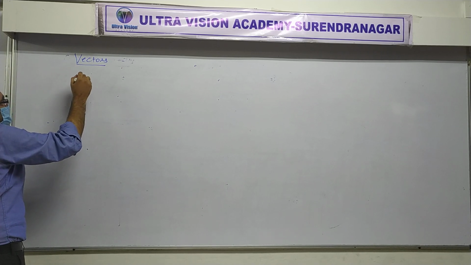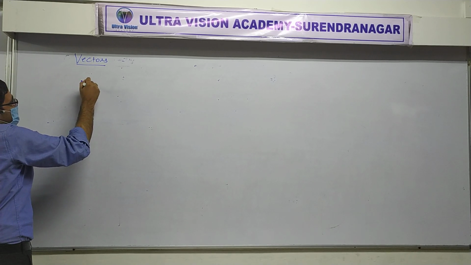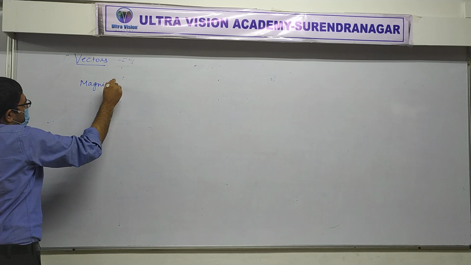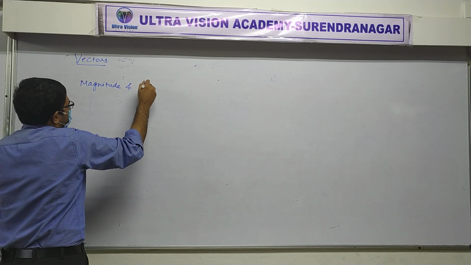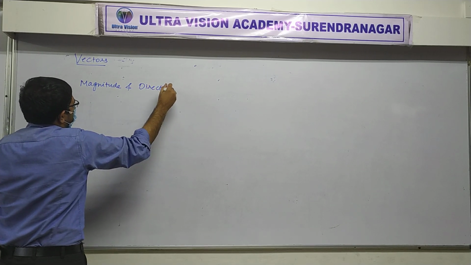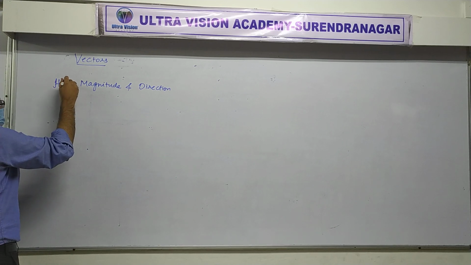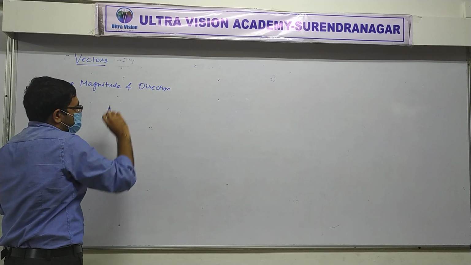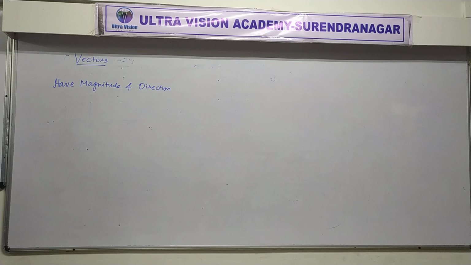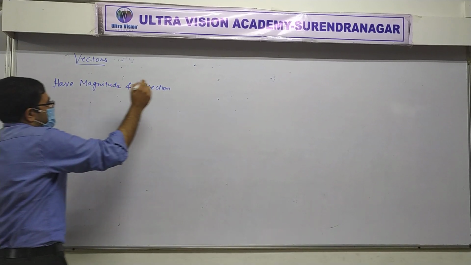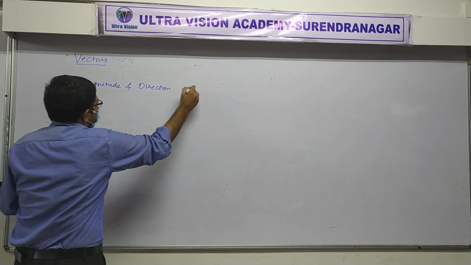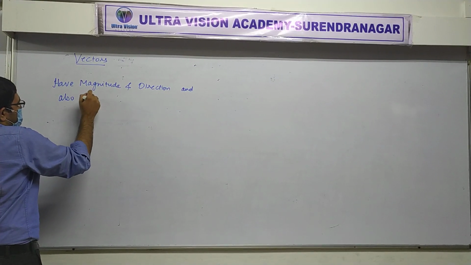So what are vectors? Vectors are something that have a magnitude, of course, and also have a direction. But that's not it.